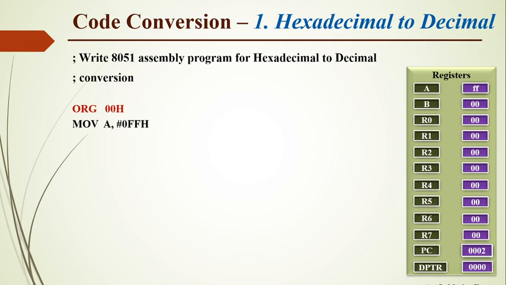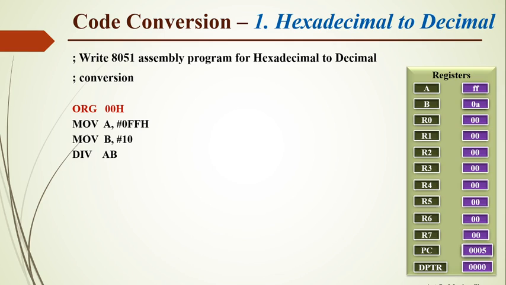First, we are moving or loading the accumulator with the dividend value, that is FFH. So here the accumulator will contain the value FFH. MOV B, #10. Using this instruction, we are loading register B with the value 10. So B will contain the value 0AH.